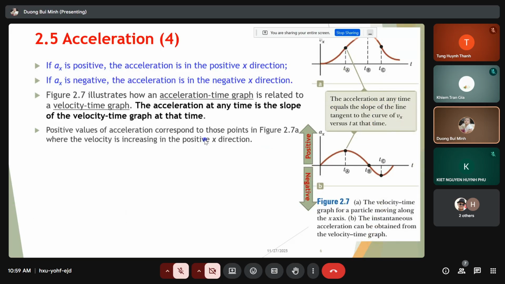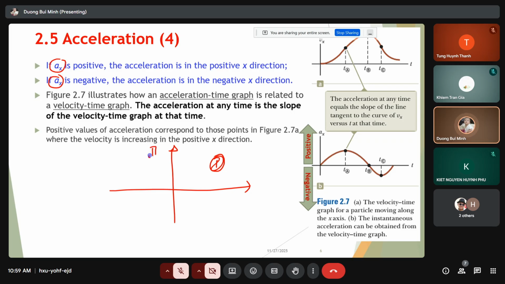Now we have the question: is ax positive or negative? Similar to vx, sometimes vx is positive, sometimes vx is negative, and now we have ax. Of course, we just consider four quadrants, right?